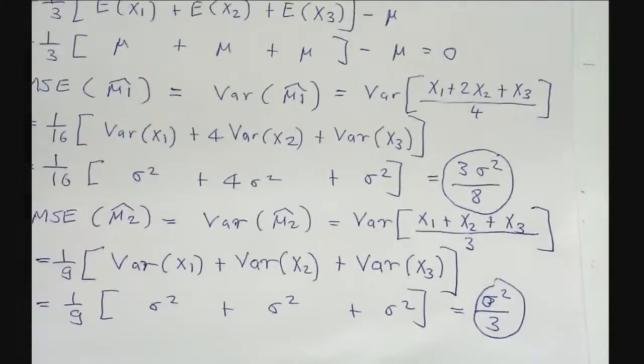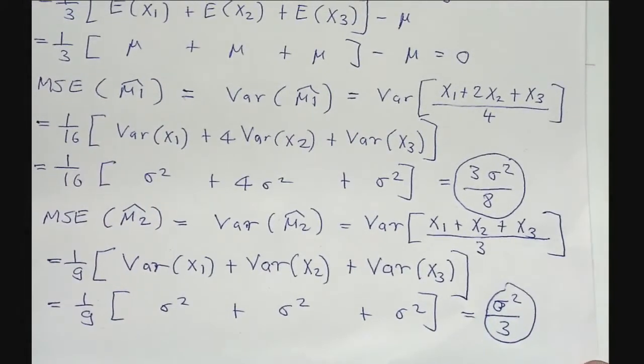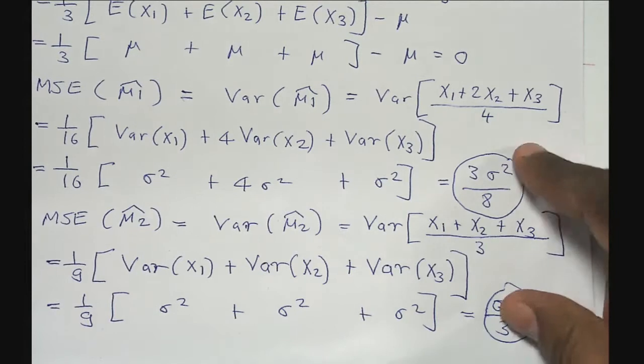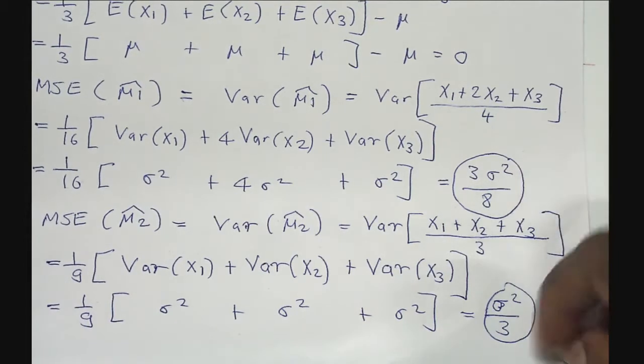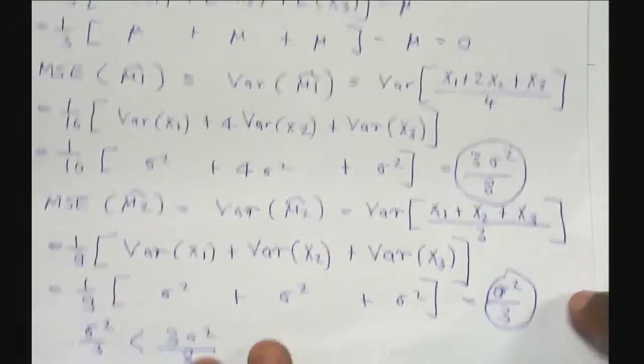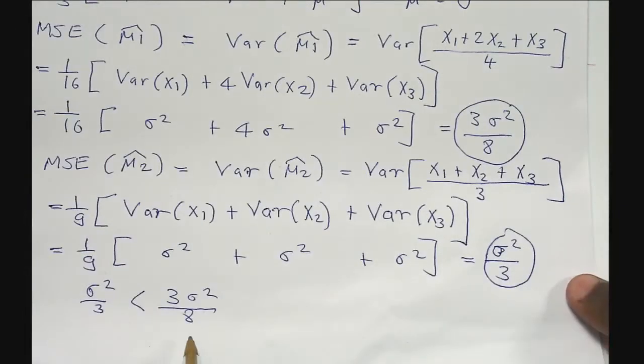Okay, guys. So now, remember what I told you last week. If you have two estimators, you prefer the estimator that has a smaller MSE. So of these two numbers, which one is smaller? The second one is smaller, of course. Sigma squared by 3 is less than 3 sigma squared by 8.